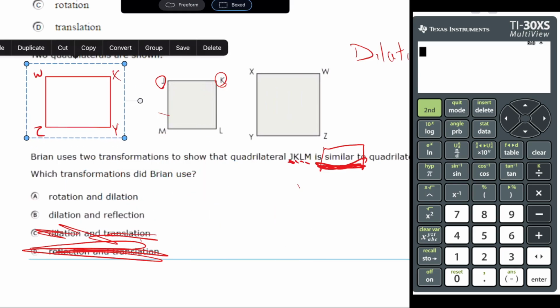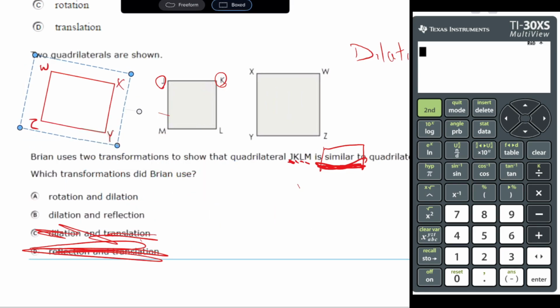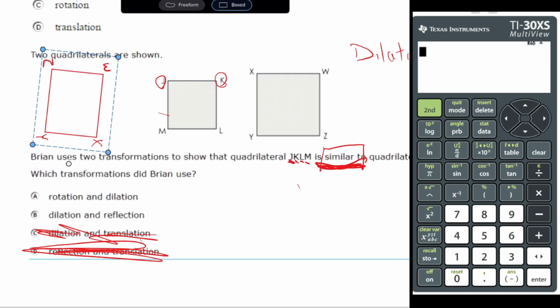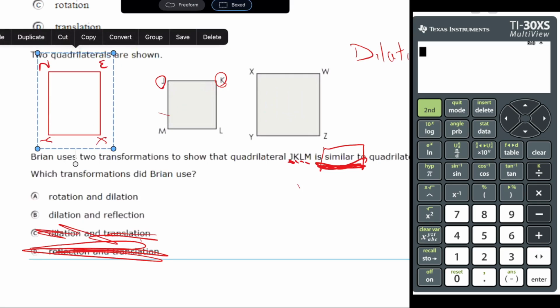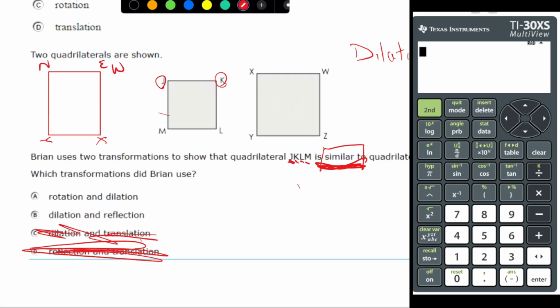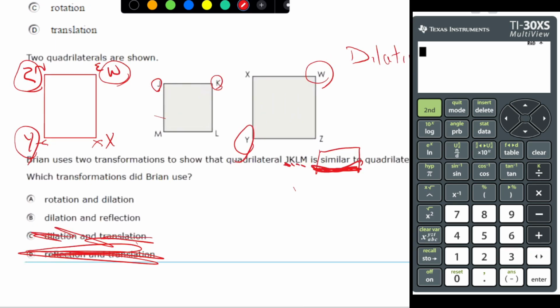So if you rotate this by 90 degrees, right, you see that W is now up here, X is down here, Y is over here, and Z is over here. Okay, so while W is where it's supposed to be and Y is where it's supposed to be, Z is not, and X is not. So that's why rotation doesn't work, and it has to be reflection.